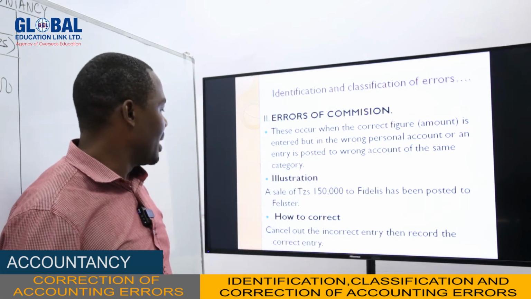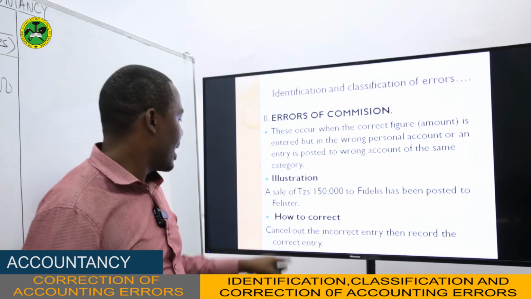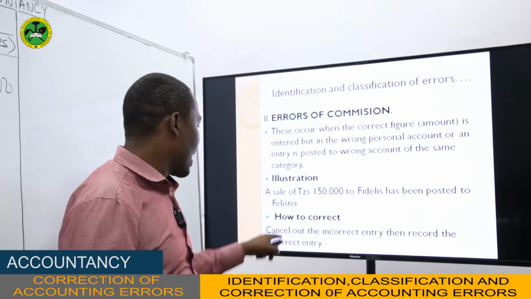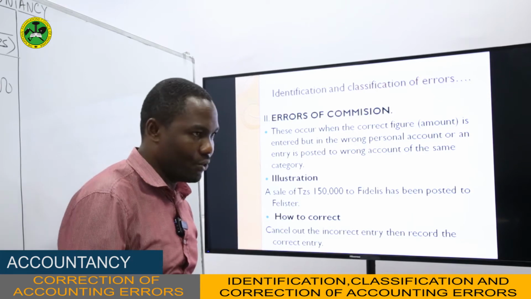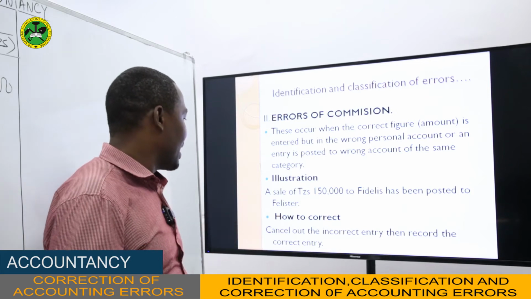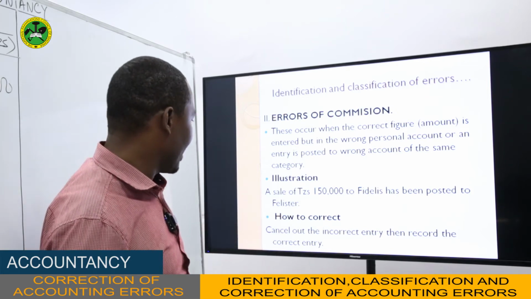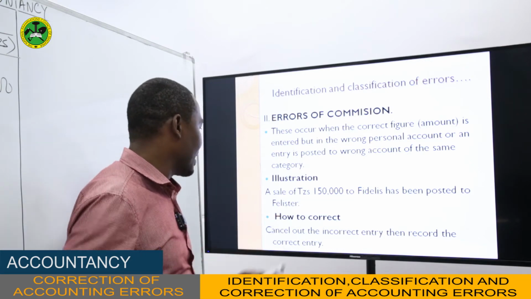So errors of commission normally, when it happens, how to correct it? You cancel out the incorrect entry, then you record the correct entry. Let's see an example. A sale of TZS 150,000 to Fidelis has been posted to Ferista, as I said.